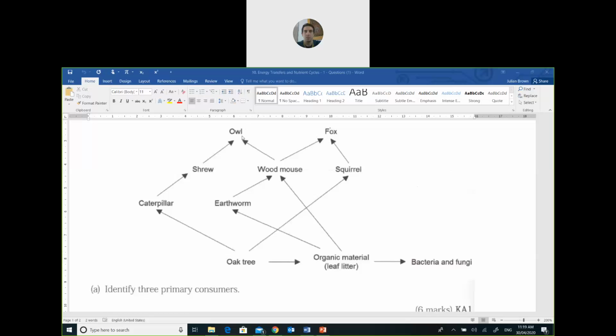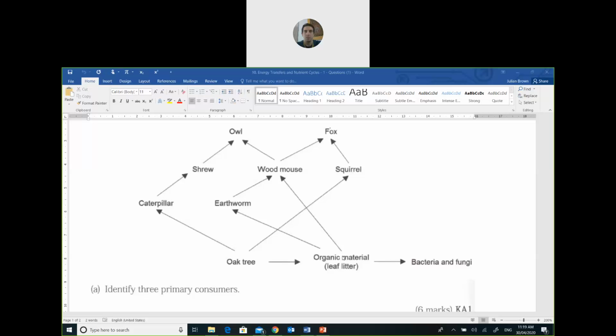Now, if we look at the owl, similarly, if we take the oak tree as our primary producer, the caterpillar in this particular sequence is the primary consumer. It's the first consumer that is feeding on the producer. The shrew would be our secondary consumer, and therefore the owl would be our tertiary consumer because it feeds on a secondary consumer, in this case, the shrew.